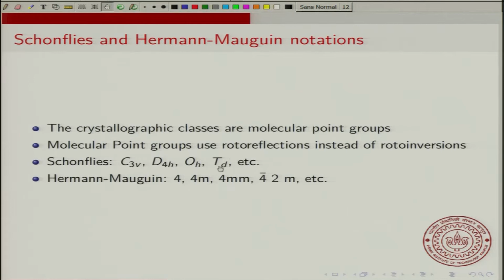For example, the octahedral point group, you know it has a very large number of operations, it has 48 operations. Now it turns out that not all these 48 are unique; some of them are implied by the existence of others.